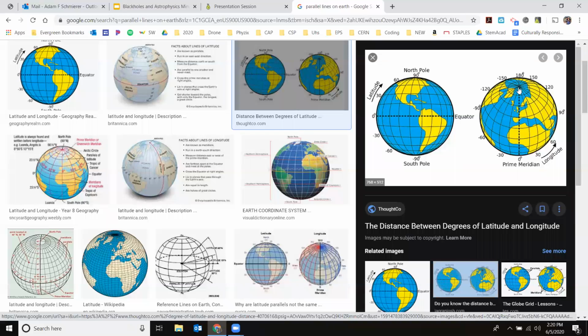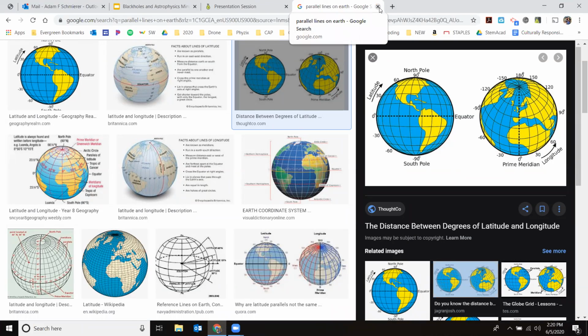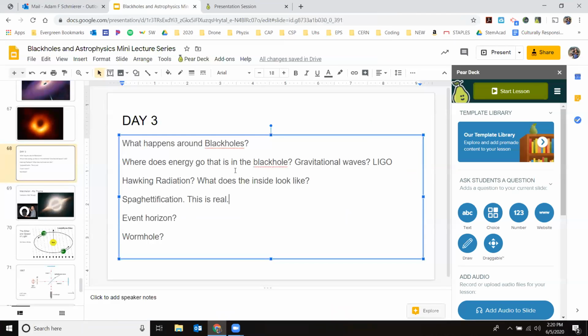And this is literally why Einstein doesn't like the idea. He's like, I don't like it. It breaks it down. It's called a singularity. It's this idea that it all comes to a spot. And so that spaghettification happens as you get those parallel points closer together, because your field changes, your accelerations change. Not on Earth, but in terms of space-time getting warped as these parallel lines go together.